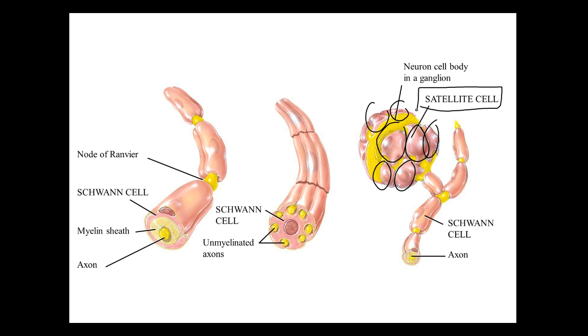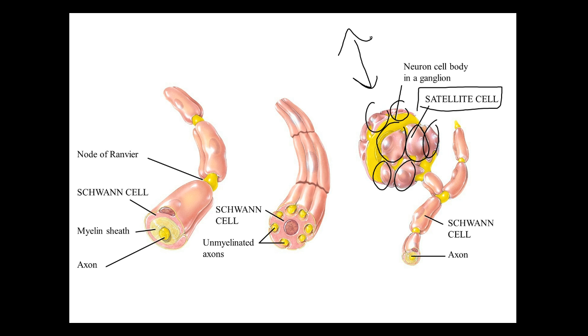In the peripheral nervous system, the glial cell, called a satellite cell, will surround and attach cell bodies in the peripheral nervous system. When the satellite cells surround a cell body, they're going to decide what enters and what exits that cell body. So they are the gatekeeper of the cell body for the peripheral nervous system.